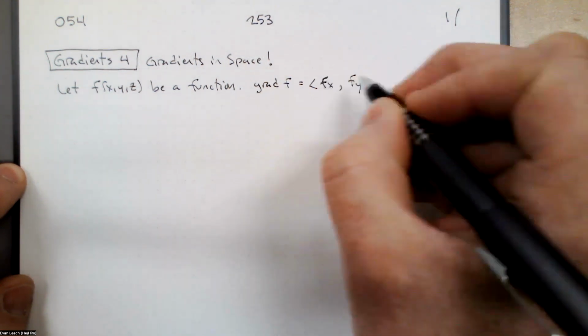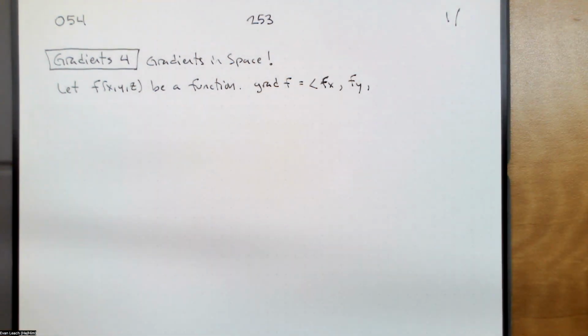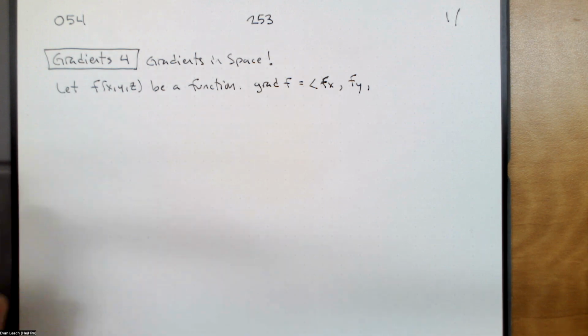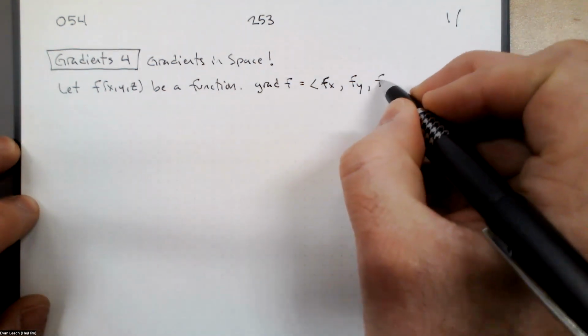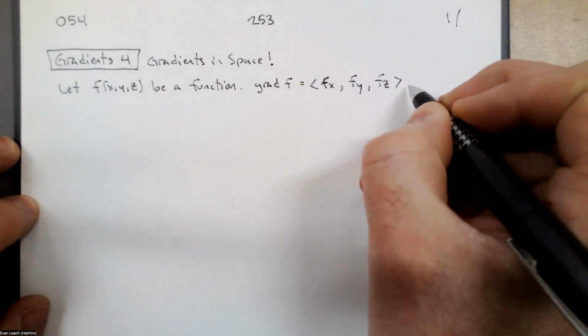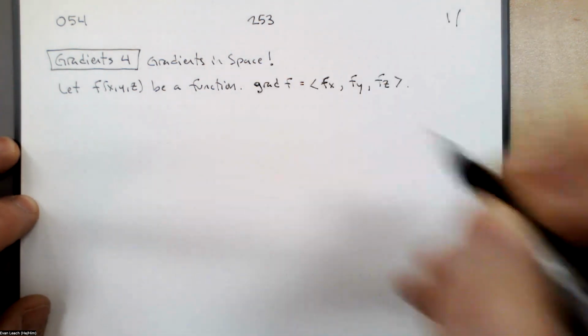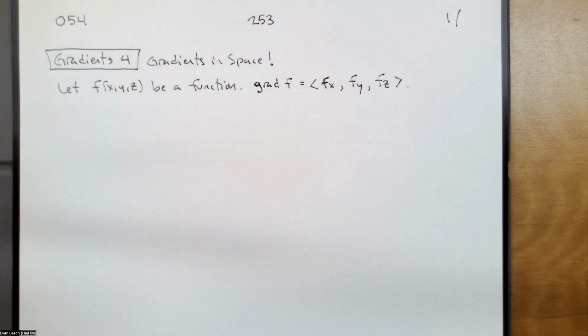And now we're into new territory. What am I going to put for the k component? This is so predictable. All right, so no surprise here. We build the gradient the same way, we just have more variables.